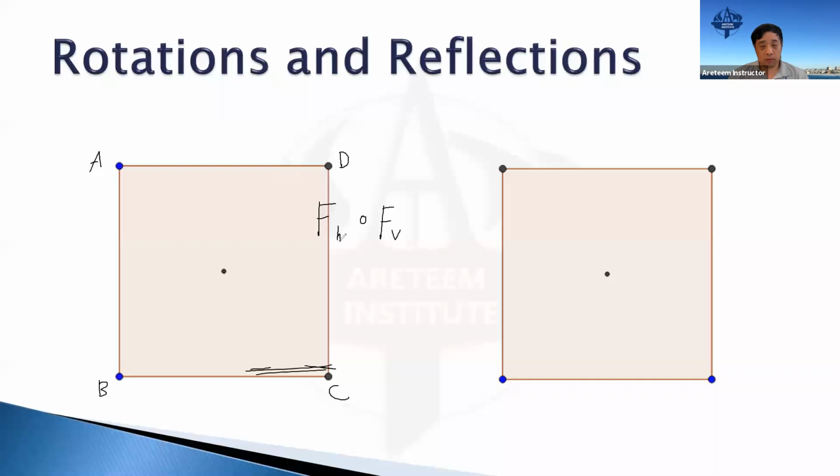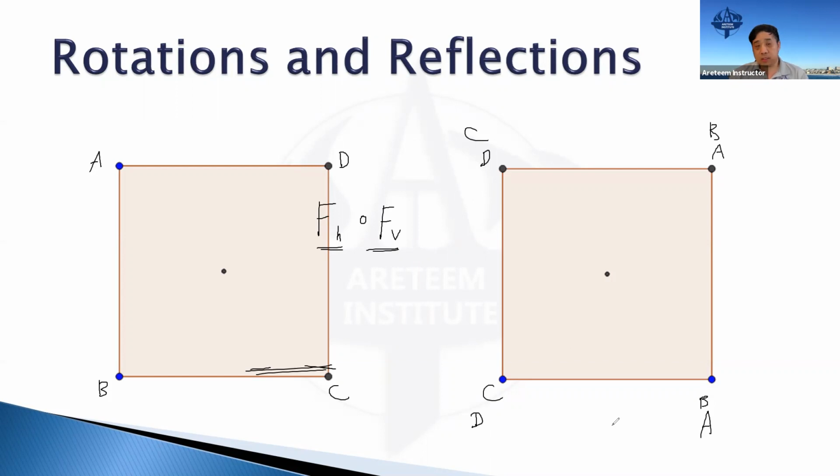So first of all, flip horizontally, and then we're going to have A and D switched. So A here and D here and C here and B here, no problem. So then we do this vertical flip. Vertical flip is D becomes here and C becomes here, and B is here and A is here.